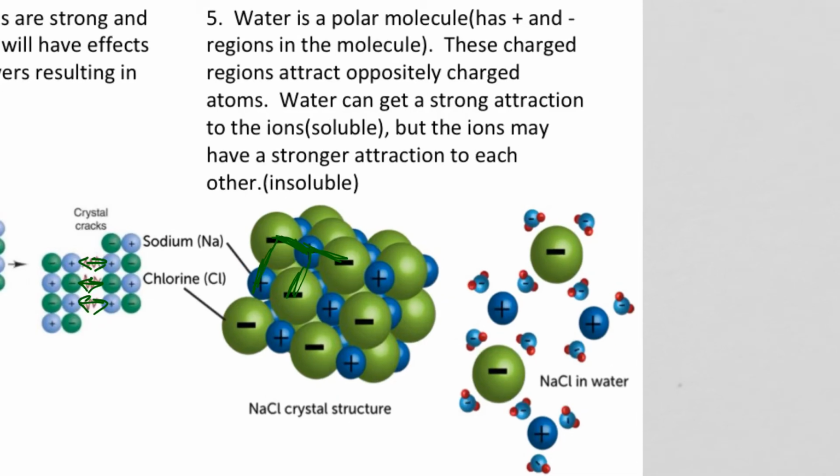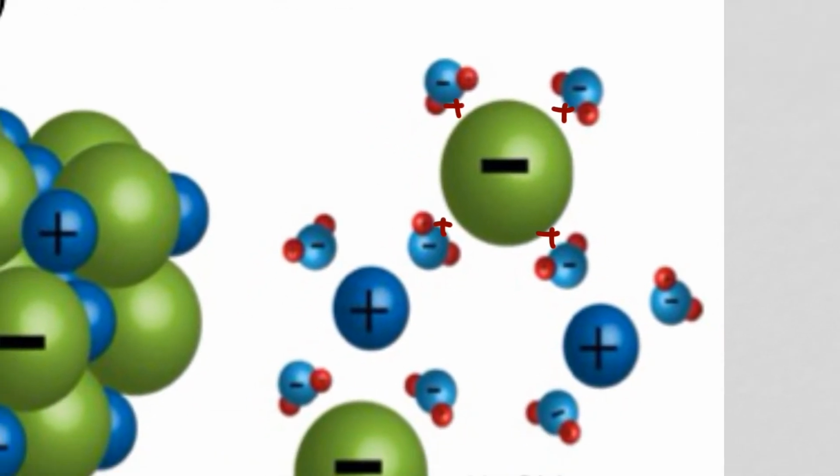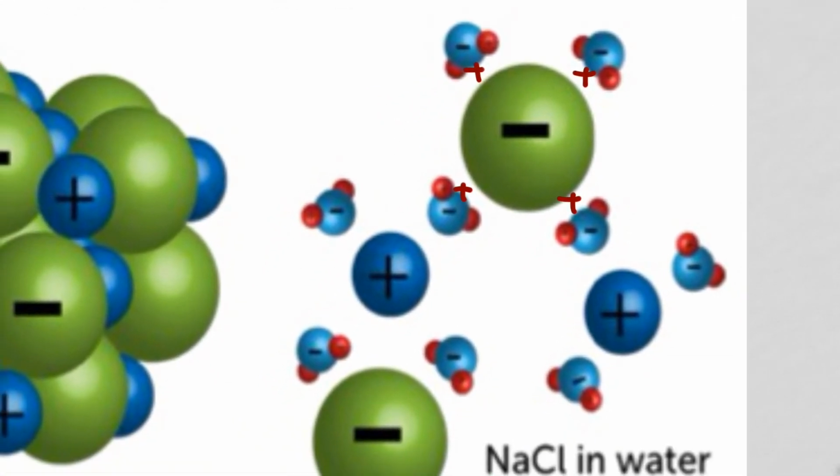If we zoom in to see this here, the negative side has these positive areas where the hydrogen is. So that's why they're all pointed this way. When we look at the sodium, the negative side is pointed towards the sodium.